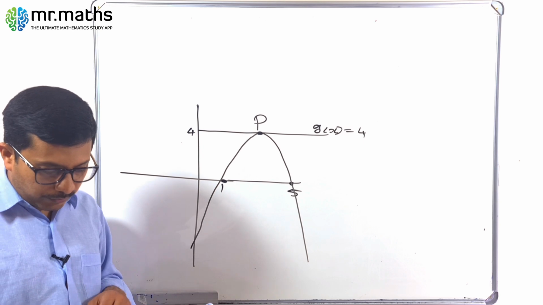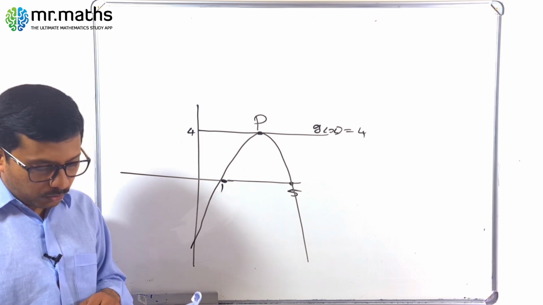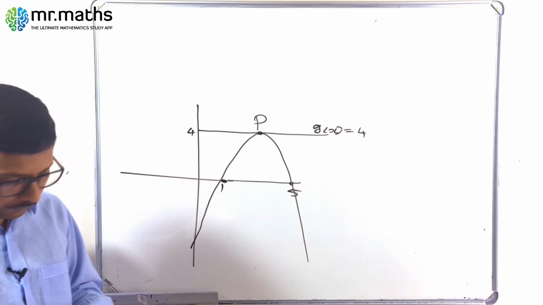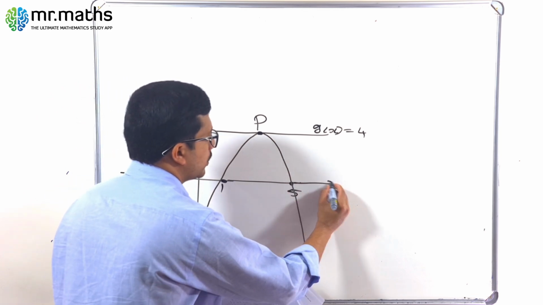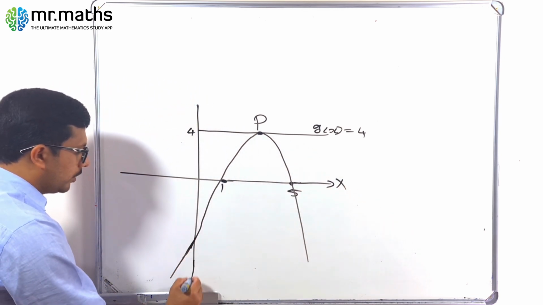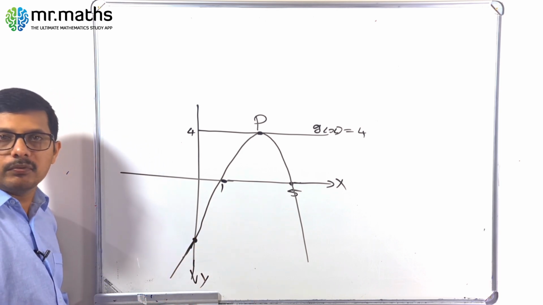Now, it's a tangent to f at P, the turning point of f. Sketch the graph of f clearly showing the intercept with the axis and the coordinates of the turning point. So here we know that this one is 1, this is 5, this is the x-axis. So this one we have to find. This is the y-axis. So what is this one? That's a y-intercept.